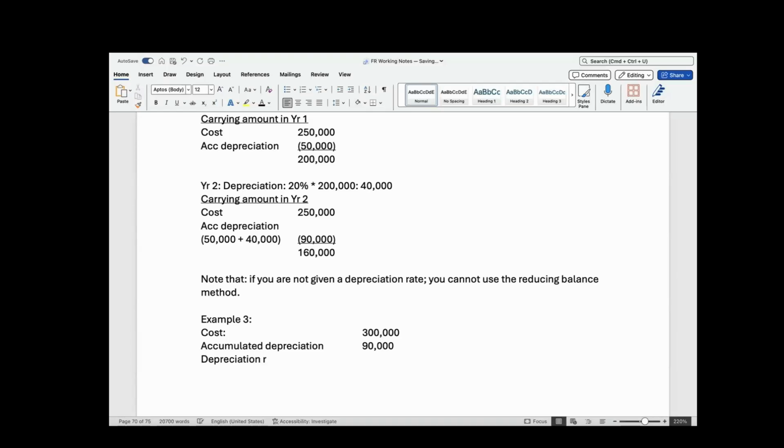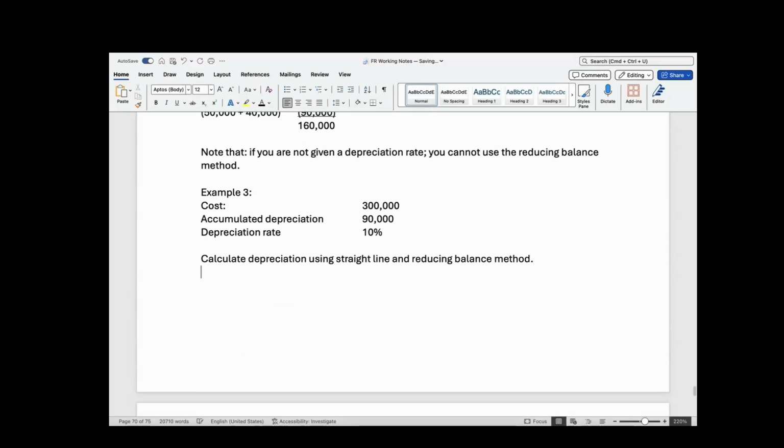Given depreciation rates of 10%, I'm now asked to calculate depreciation using the straight line method and the reducing balance method.